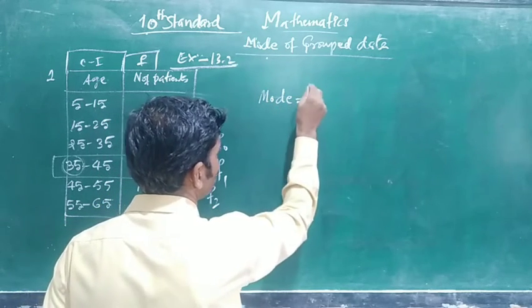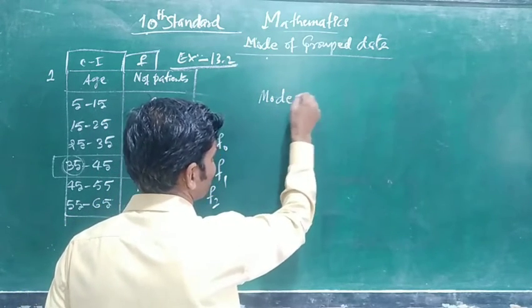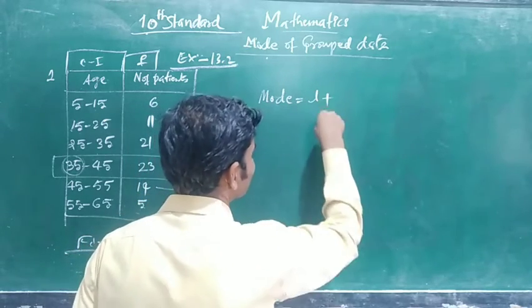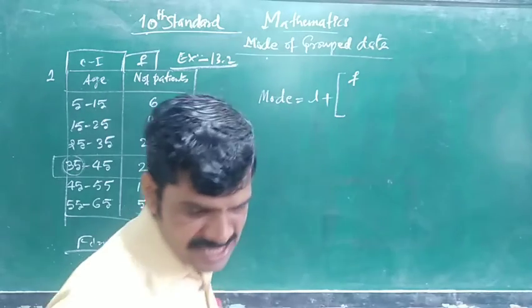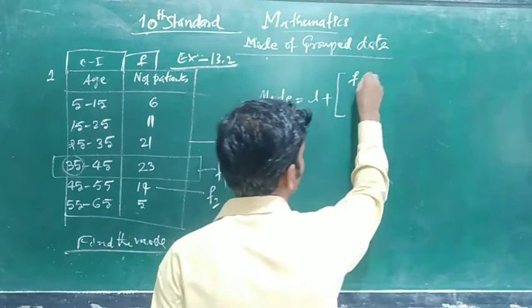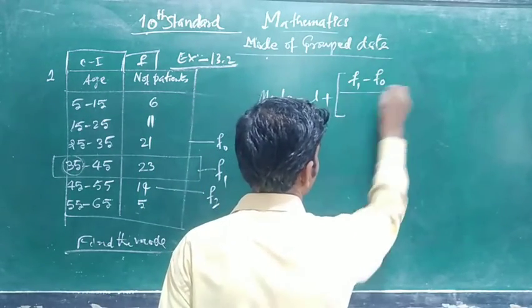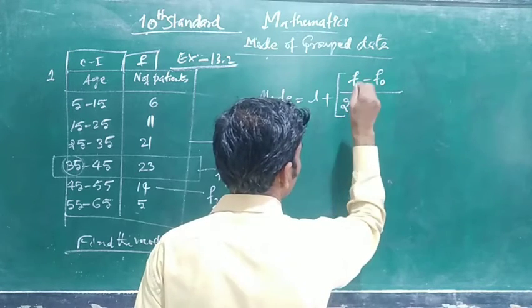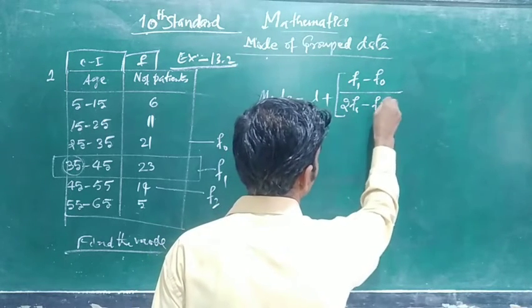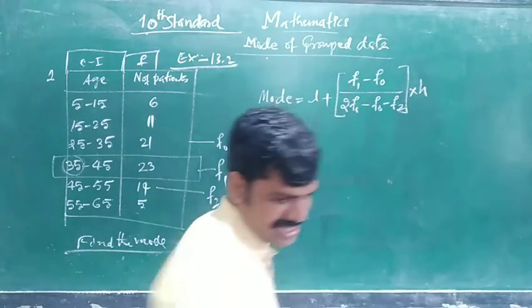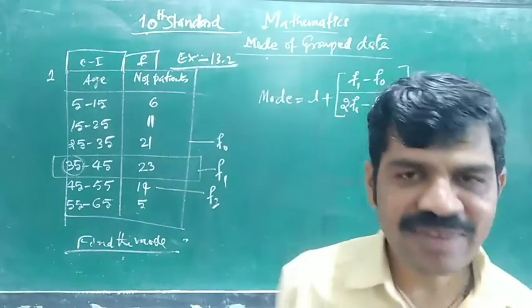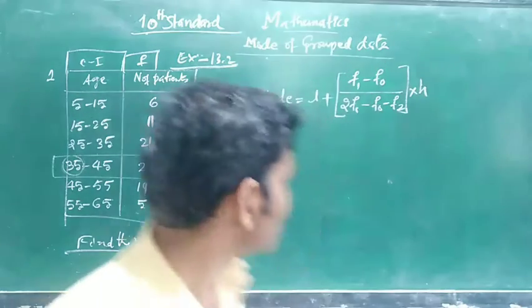Formula, that is mode, is equal to L plus F1 minus F0 divided by 2F1 minus F0 minus F2 multiplied by H. This is the very formula, dear students.